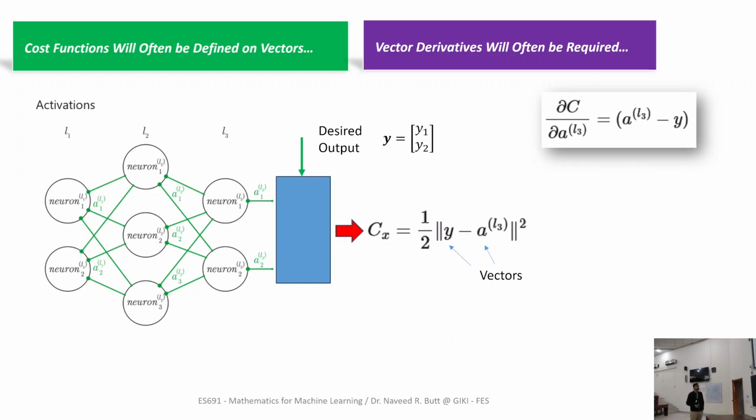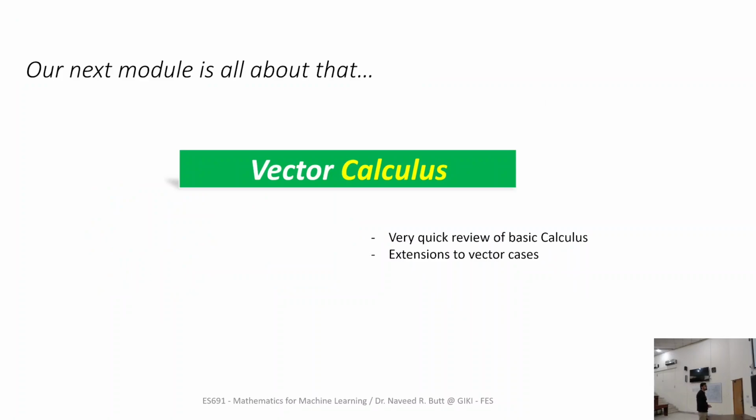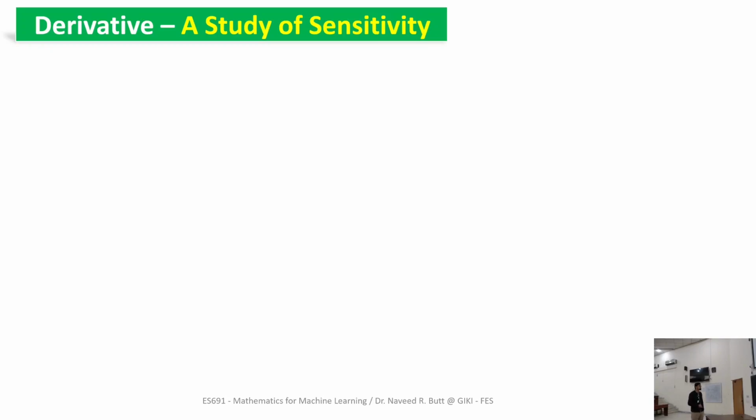So, often derivatives of these functions will be required, right? And that is what we are going to be looking at today, which is vector calculus. We will have a very quick review of some of the basic concepts and extend them to vector cases, right? So, I think you know all of these things from before.